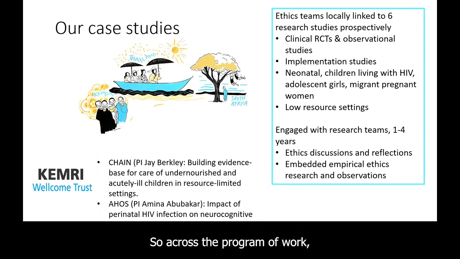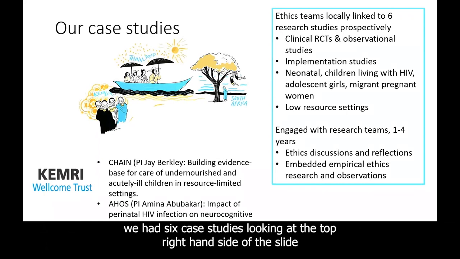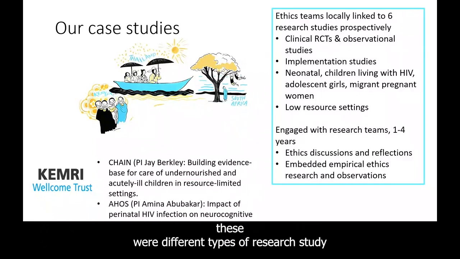So across the program of work, we had 6 case studies looking at the top right-hand side of this slide. These were different types of research study that ethics teams, social scientists, were linked with prospectively.